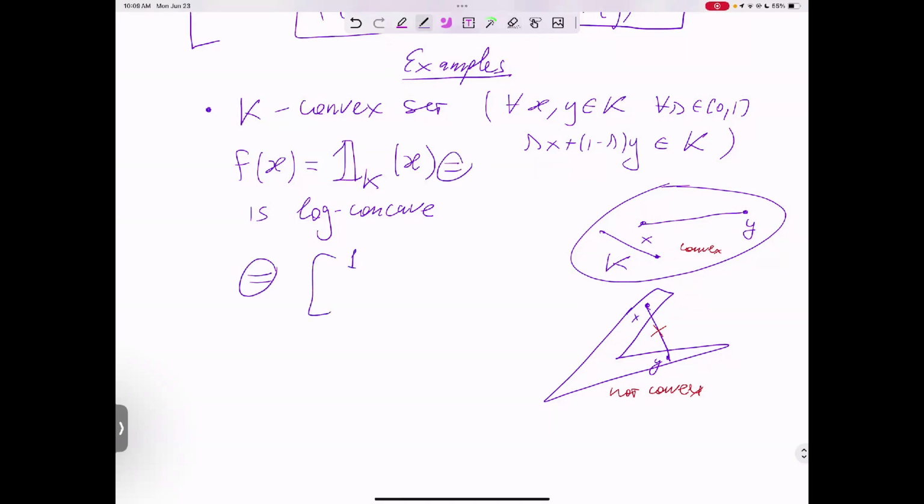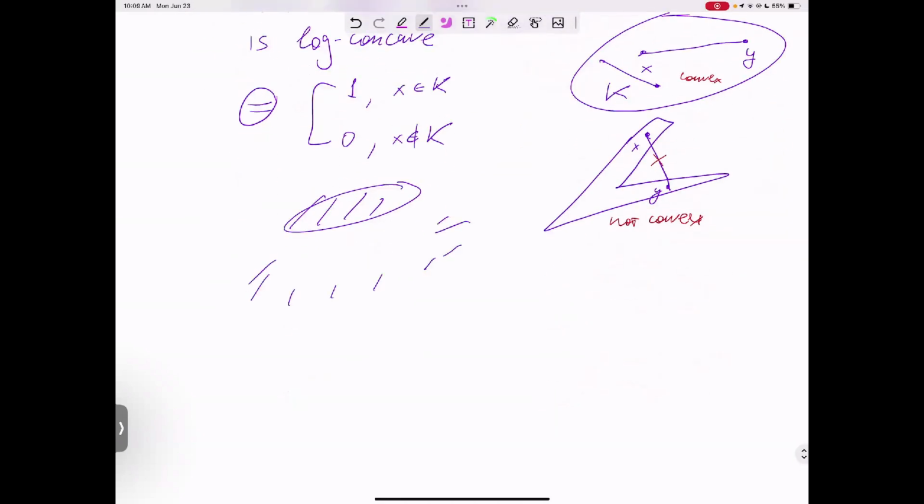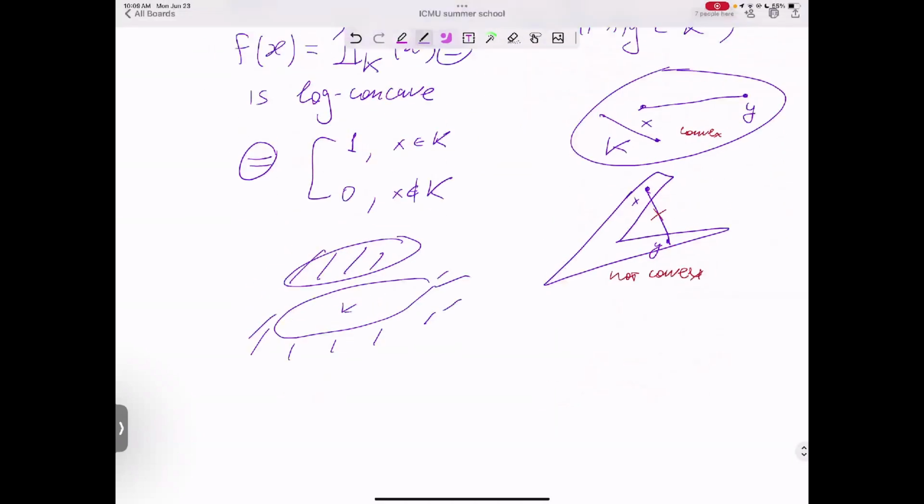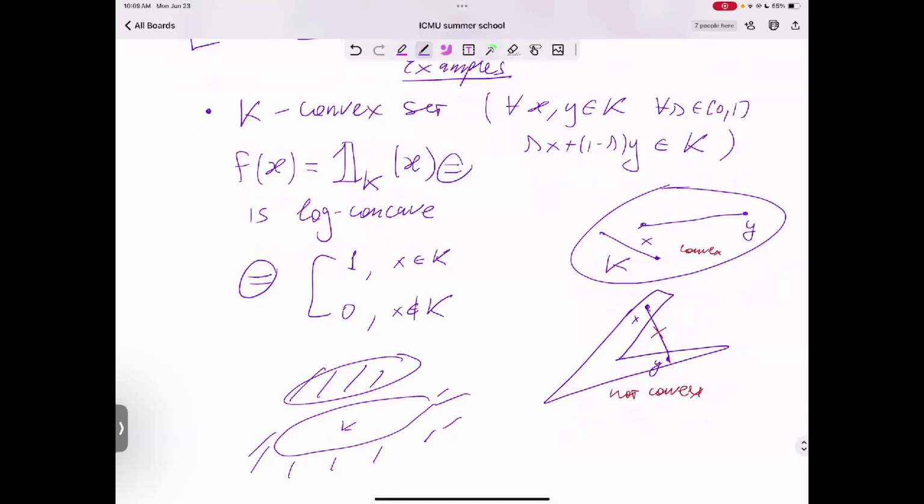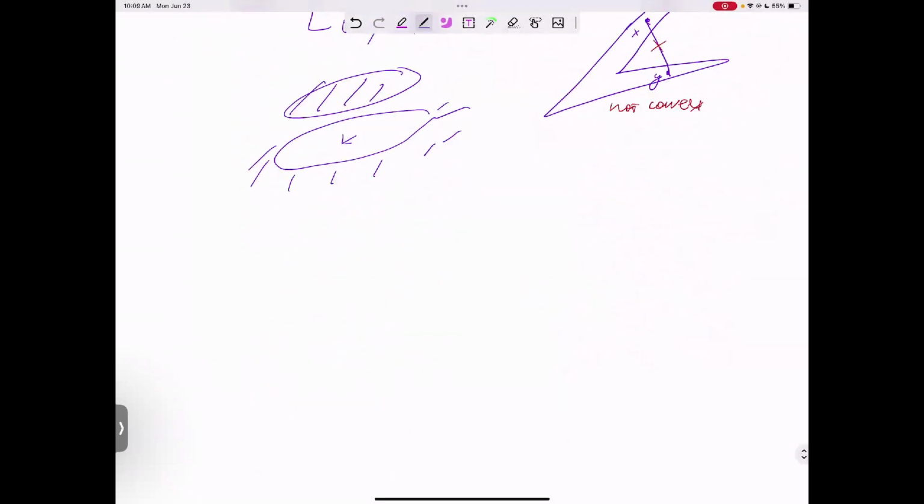It is a function that takes value 1 if x is in K, and 0 if x is not in K. The characteristic function of K is log-concave. Another classical example that we love a lot is the Gaussian measure, with density e to the power minus x squared over 2. This is a classical example of a log-concave function.